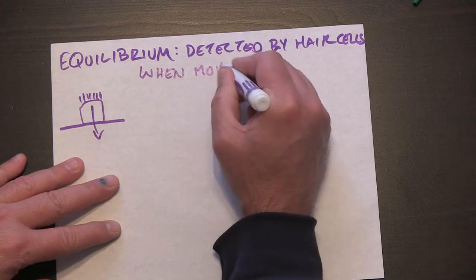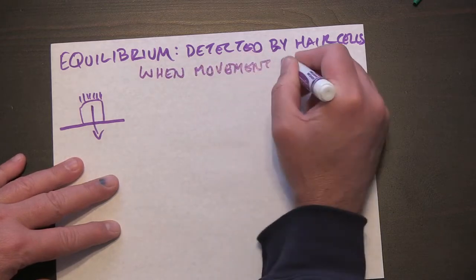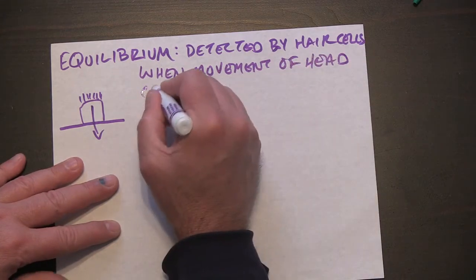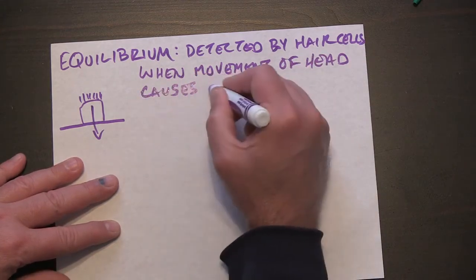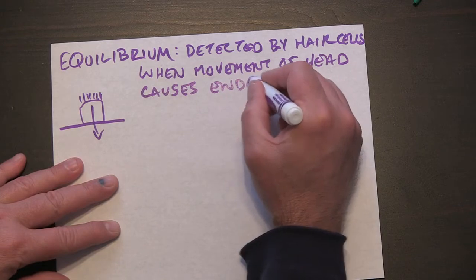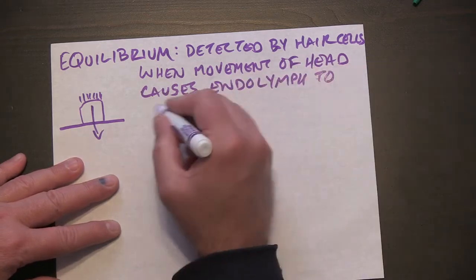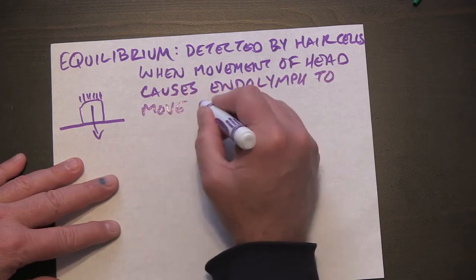When movement of the head or the body causes the endolymph to basically move in the opposite direction.